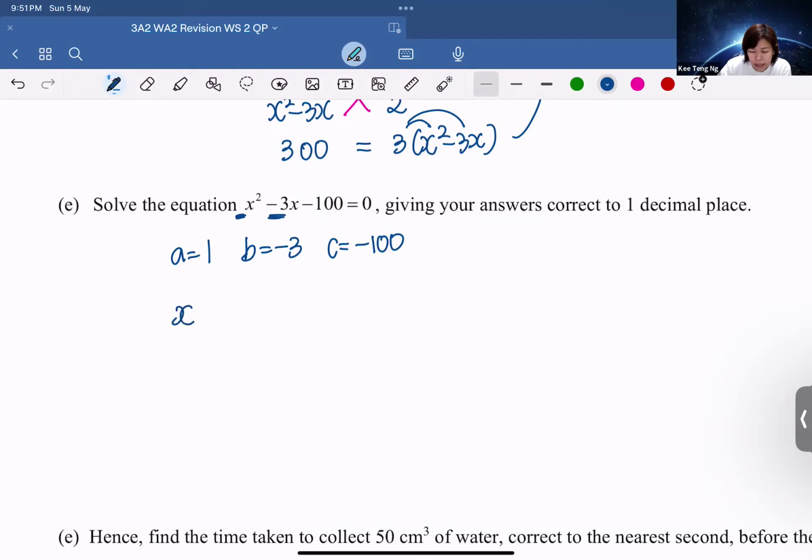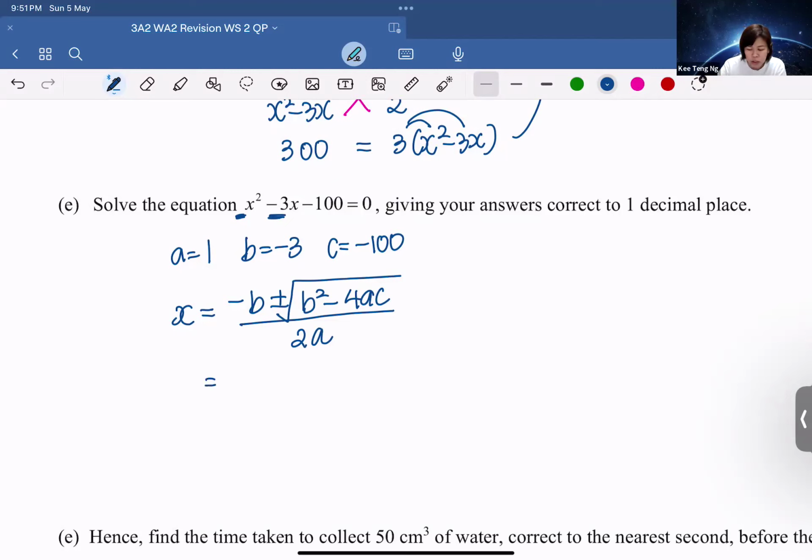According to our formula, x equals, anyone remember? Negative b plus minus square root of b squared minus 4ac over 2a. But this working gives you no marks.